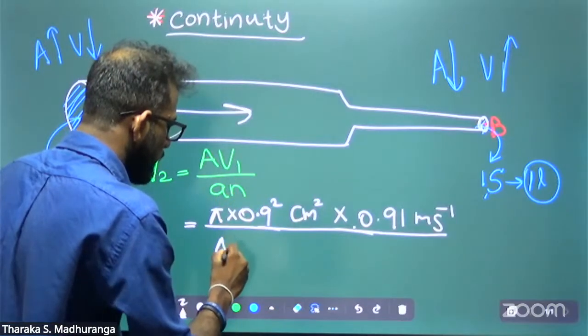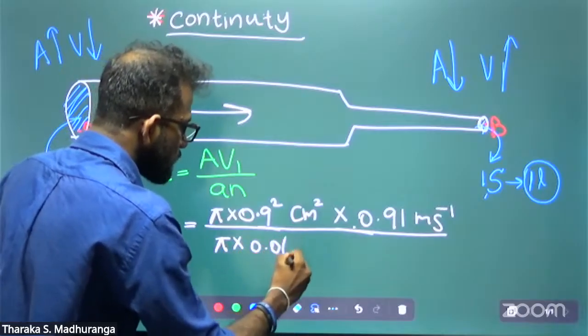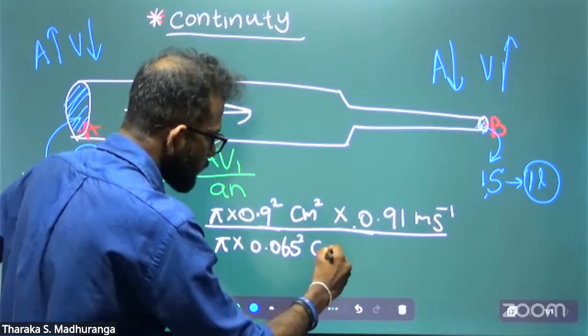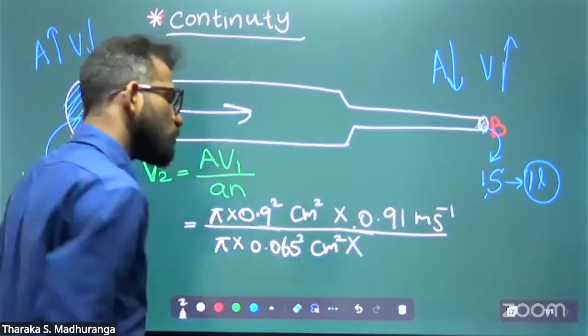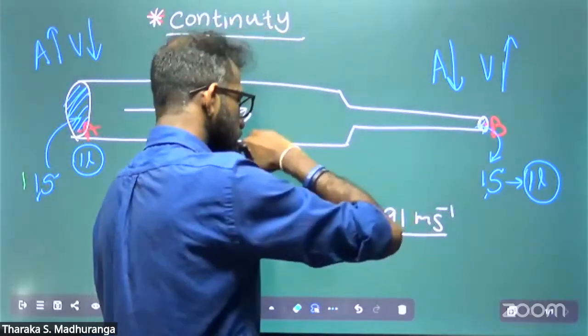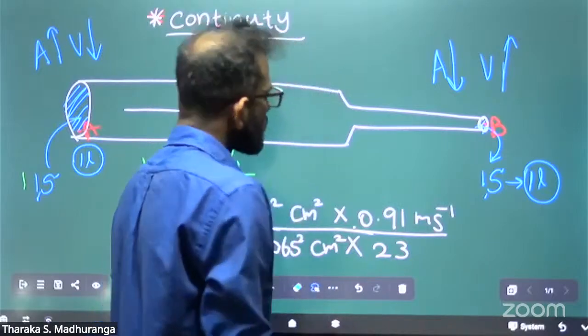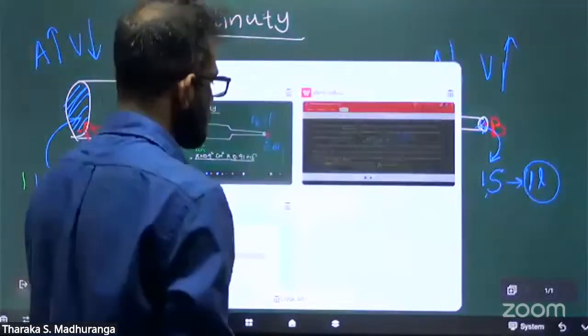Then again pi r squared, 0.065 squared cm squared, into the number of holes, 24.